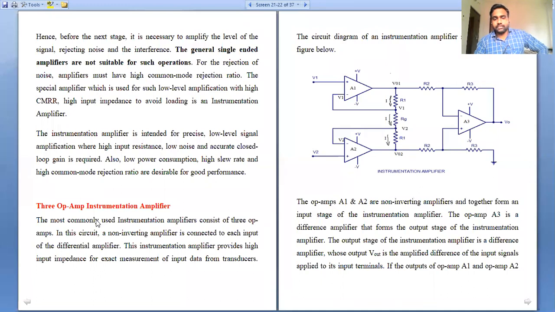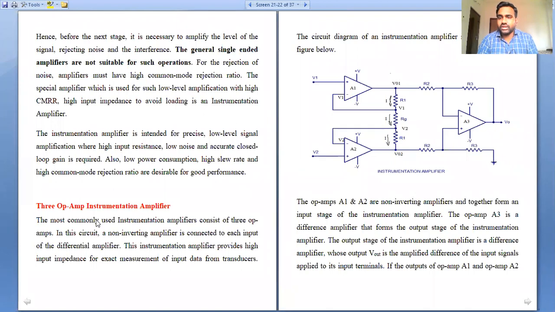The main purpose of the instrumentation amplifier is that it is a device used to measure physical quantities like humidity, temperature, and moisture. All such physical quantities can be measured with an instrumentation amplifier.